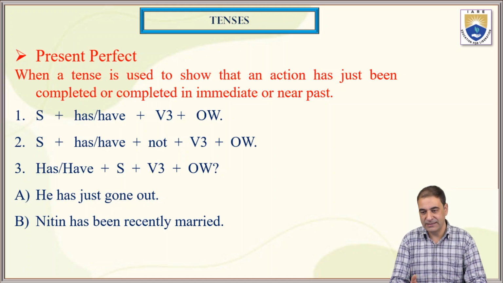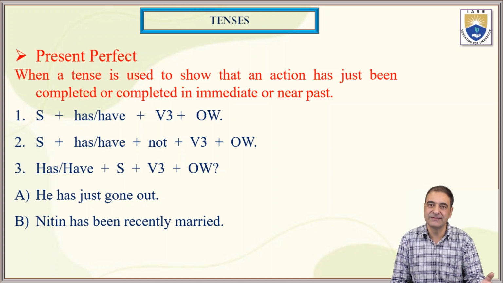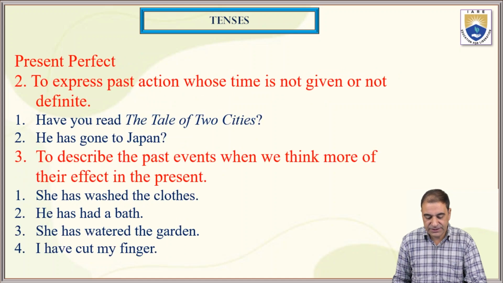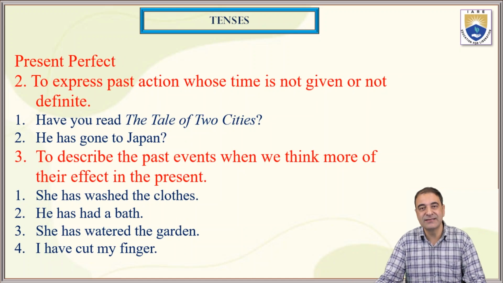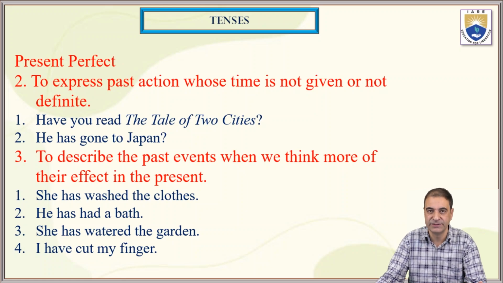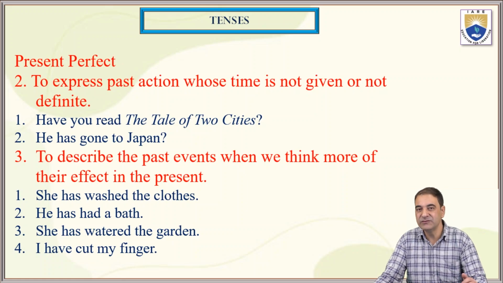Or in other words, as we have done present continuous tense, we can say we have just finished present continuous tense. It's about near past. But here, you need to understand different things of this present perfect. It's not all about near past. It's not all about the immediate past.